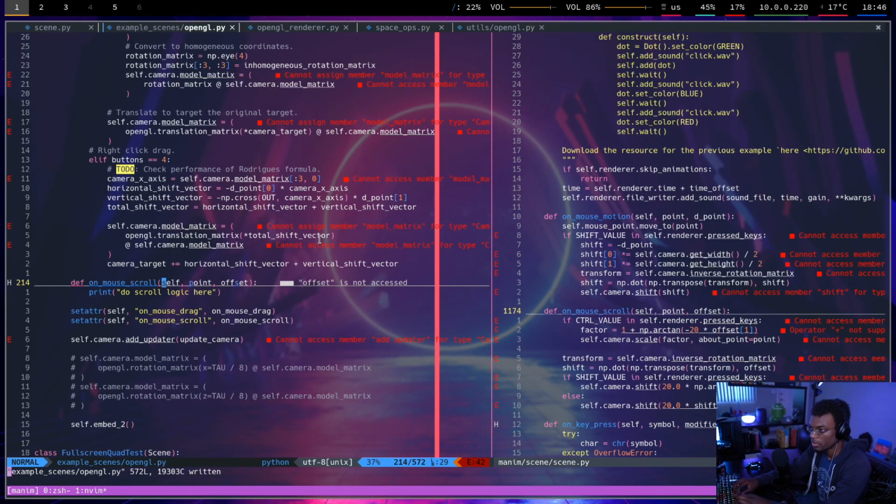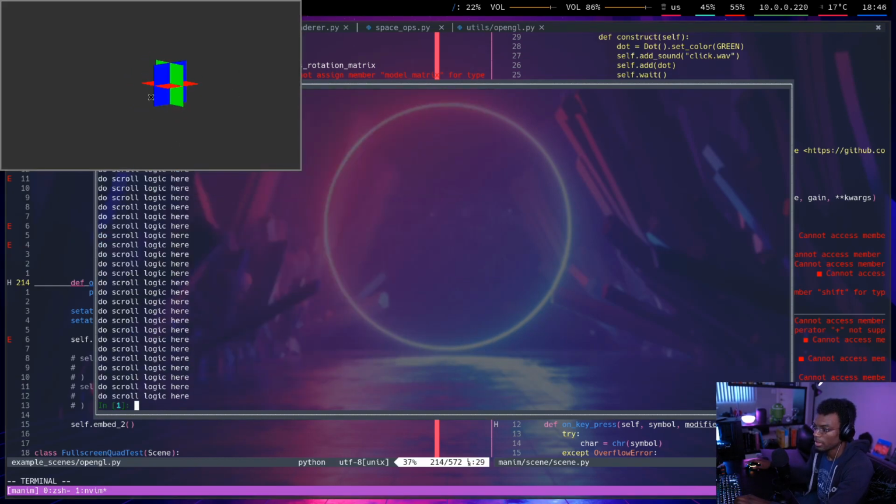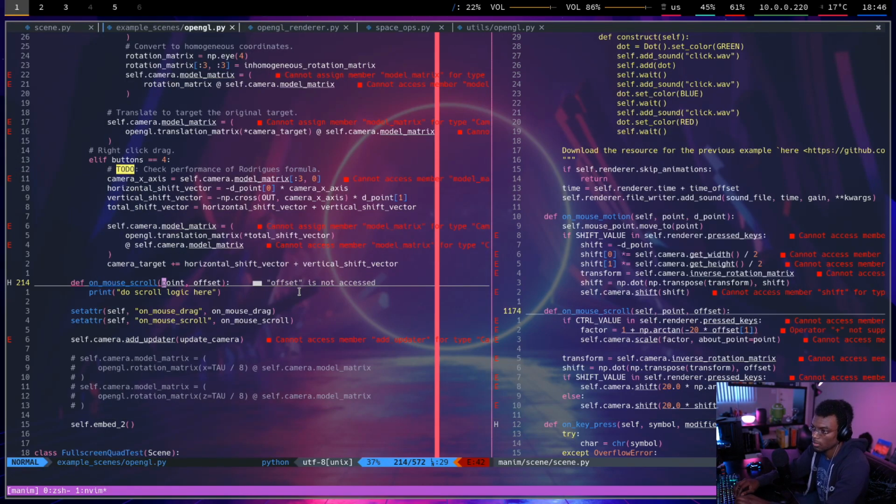Oh yeah, when you override a method like this, you have to not pass self, and I don't know why. But anyway, now I can do the scroll logic.